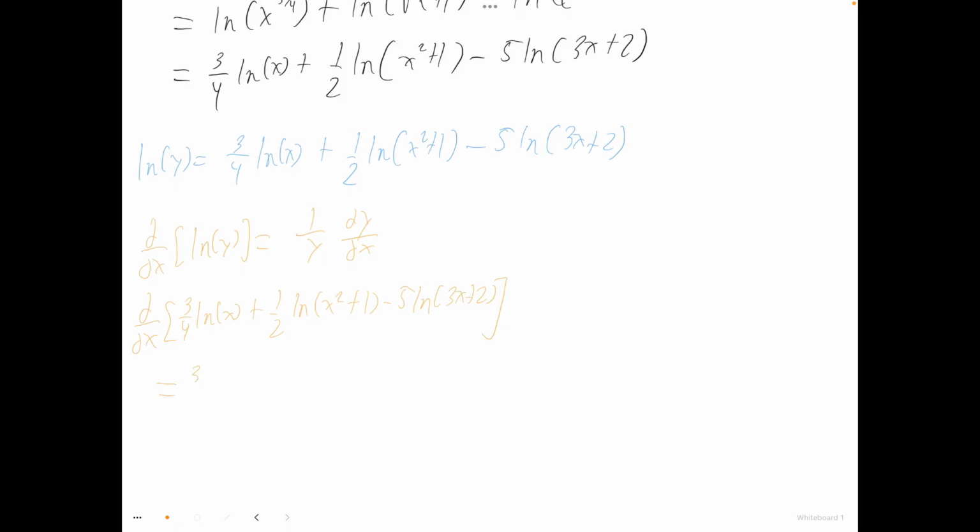And so we have 3/4 times the derivative of ln of x, which is just 1 over x, plus 1/2 times the derivative of ln of x squared plus 1, which is 1 over x squared plus 1, times the derivative of x squared plus 1, minus 5, times the derivative of ln of 3x plus 2, which is 1 over 3x plus 2, times the derivative of 3x plus 2.